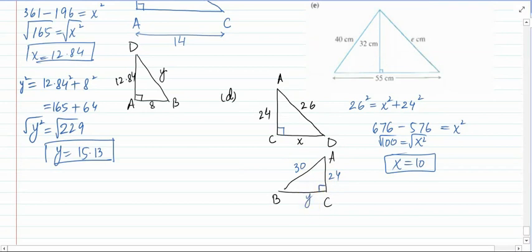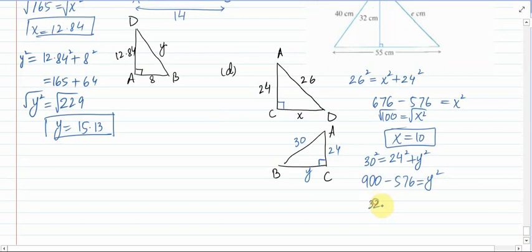Again, applying Pythagoras theorem, it will be 30 square is equal to 24 square plus y square. So 30 square is 900 minus 24 square, 576, is equal to y square. So 900 minus 576 gives us 324. At the end we need to apply a root on both sides. So 324 under root is 18.